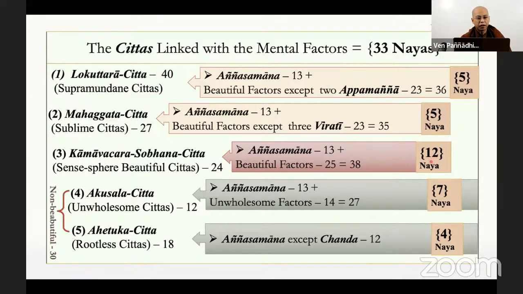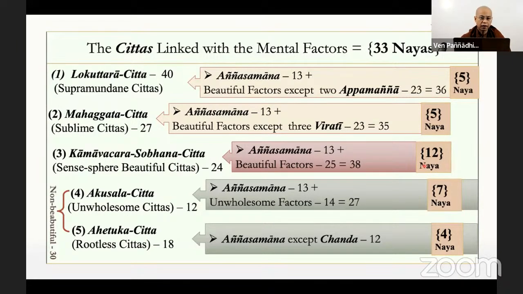So in Kamavacara Sobhana there are 12 nayas, because we divide into two together. Asankharika and Sasankharika come together again. Nana-sampayutta and Nana-vippayutta are different, but in this case, Asankharika and Sasankharika make no difference. That is why only 12.